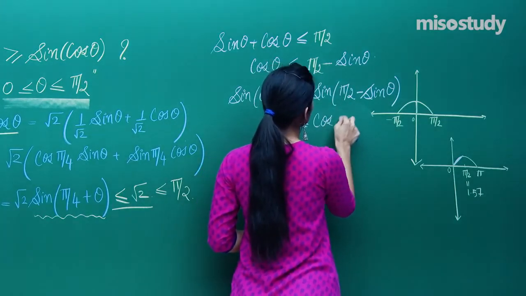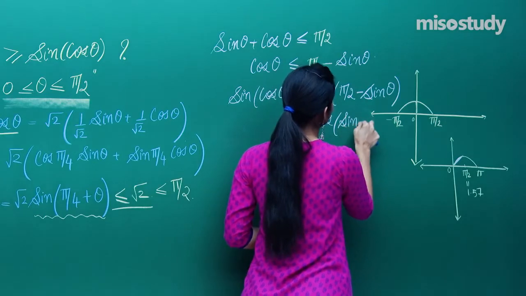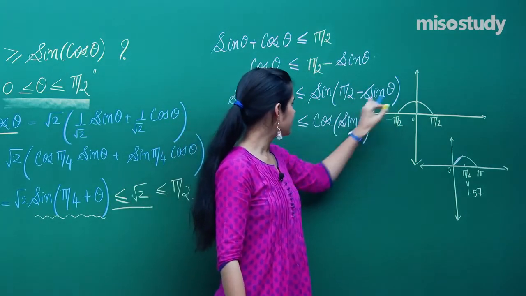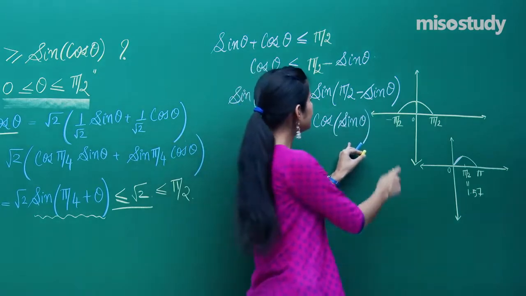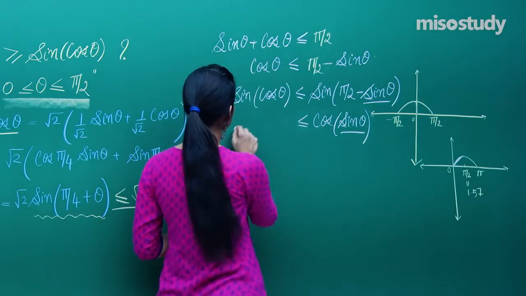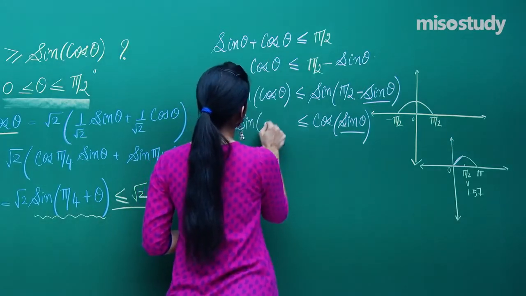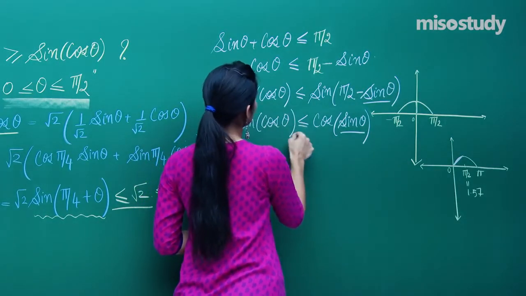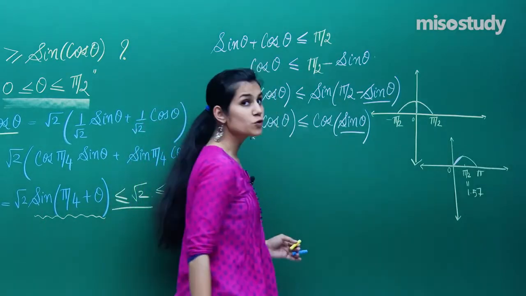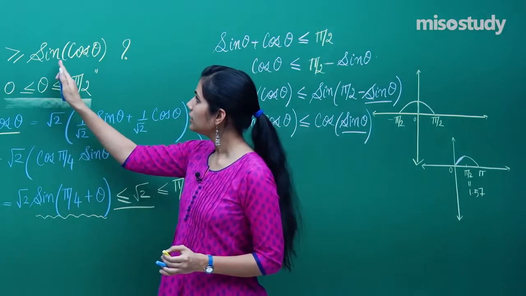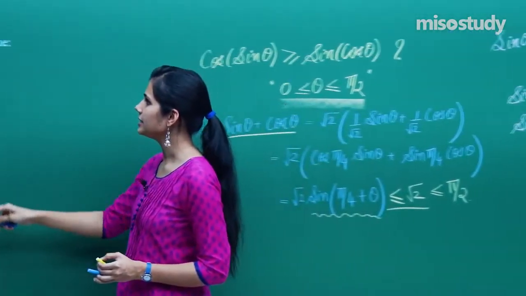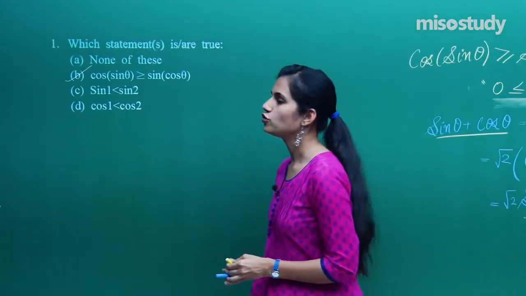So this will be cos of sine theta, right? Here theta is being played by sine theta. And here you have, as it is LHS, sine of cos theta. That means sine of cos theta is less than or equal to cos of sine theta. That means yes, it is very much true.